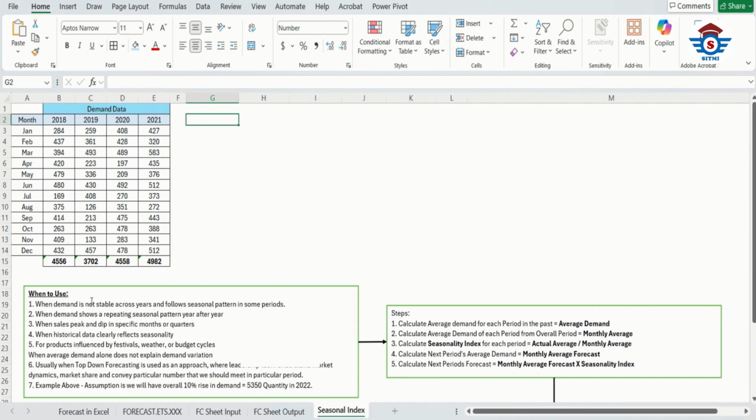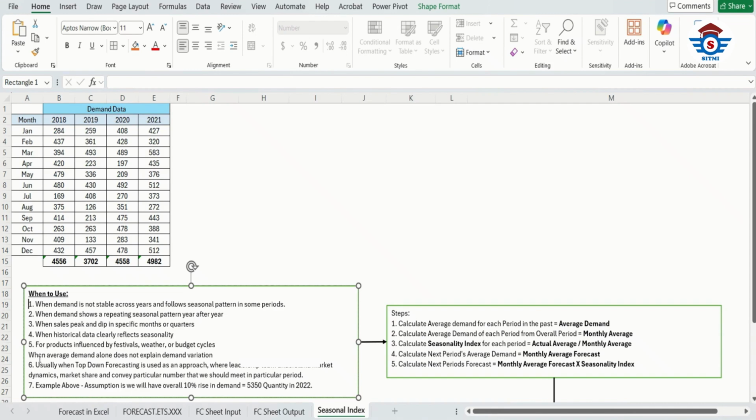Before we move ahead, we will see when we should use this particular forecasting method. We should use it when demand is not stable across multiple periods or across the years and it follows some seasonal pattern in some periods. There are multiple scenarios which influence the demand patterns, and based on that, we have to understand whether seasonal patterns are available in past demand or not.